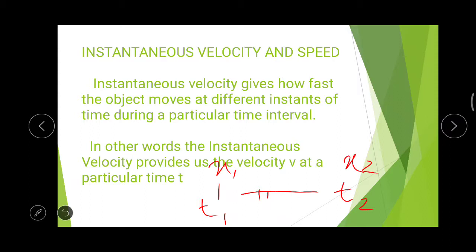If you want to find that, then you should consider the instantaneous velocity.